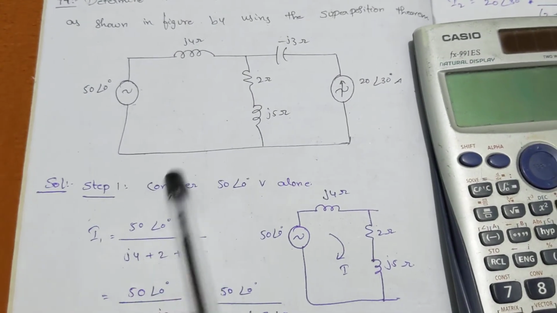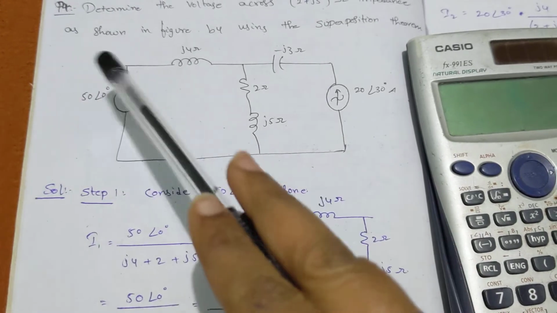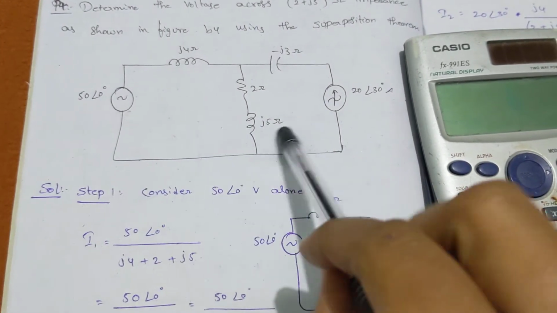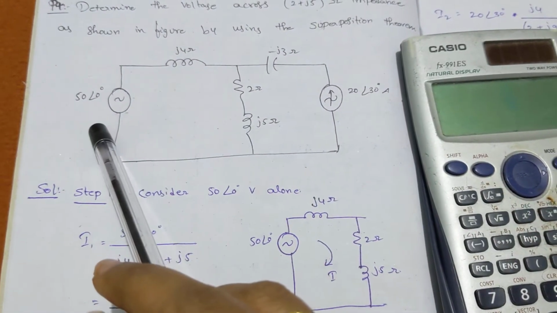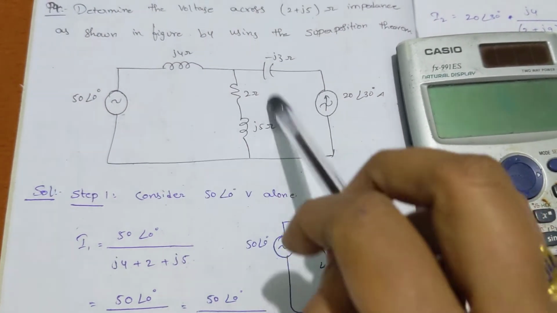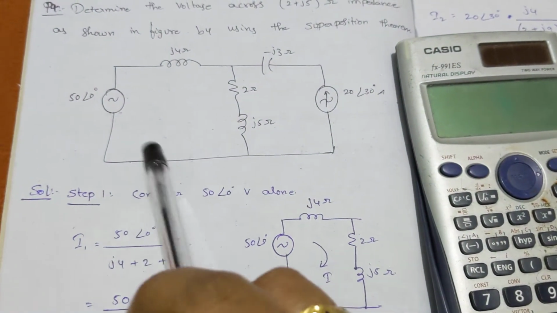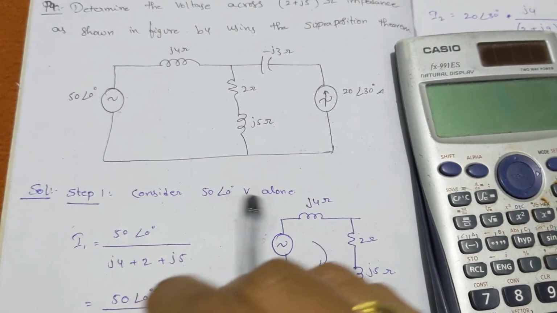So as case 1, or step 1, we consider source 1, the voltage source. When you observe this circuit, one source is a voltage source and the other is a current source, and the elements are connected in a T circuit. Now we consider the voltage source alone.